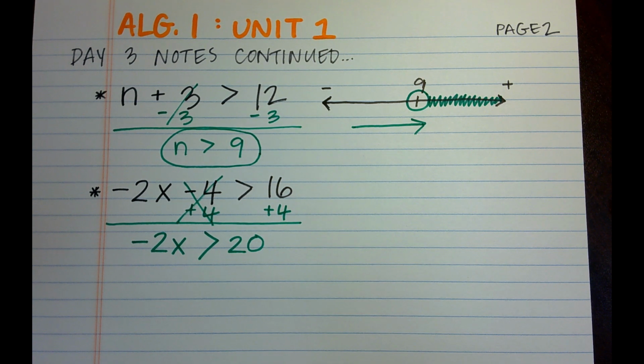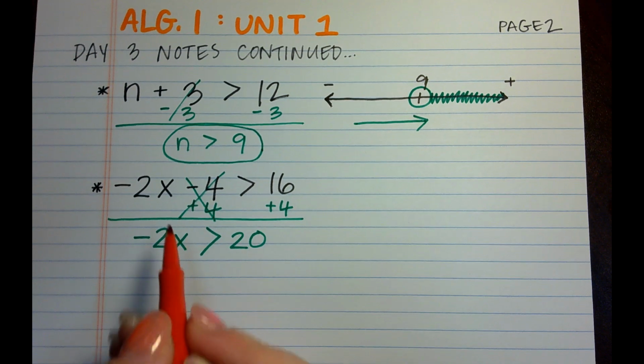Okay, now here is where things get special. What would we do next here? Divide. What are we dividing by? Negative 2. Negative 2 on both sides. So here's the fancy step.